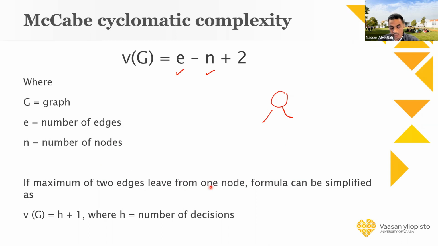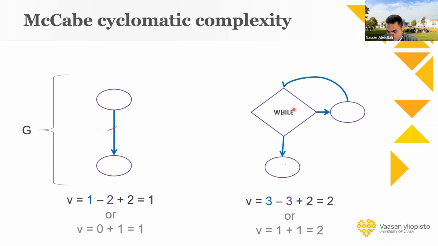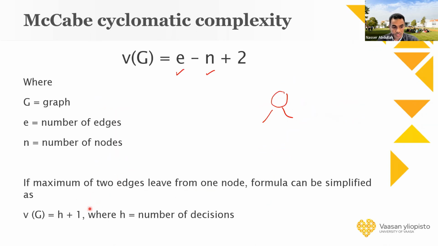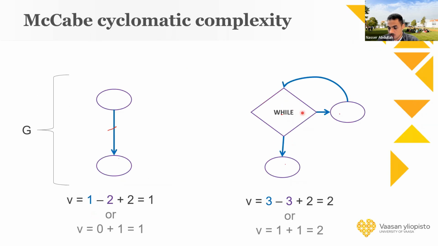So we can use this formula, the number of decisions plus 1. The number of decisions is only 1, so 1 plus 1 equals 2. So this is using the two formulas, and this is how to calculate the complexity.